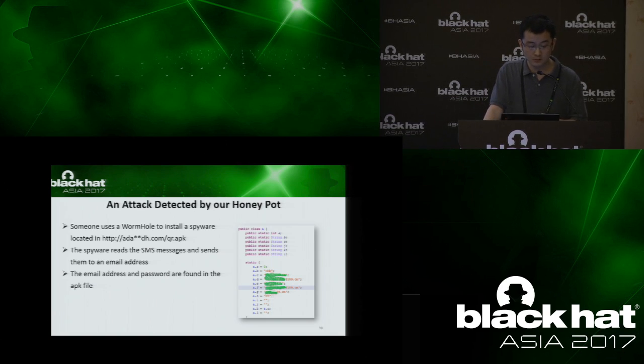We found that the spyware can read the user phone's SMS messages and send them to an email address, like this. The email address and the password are found in the APK file. So we can log in to the email and find more evidence about the attackers.